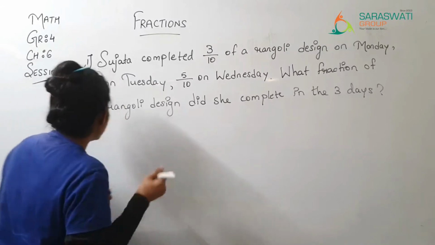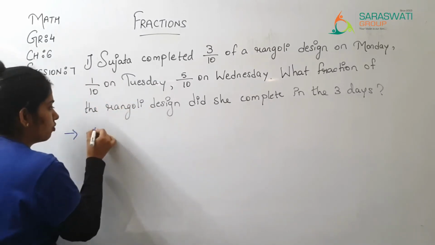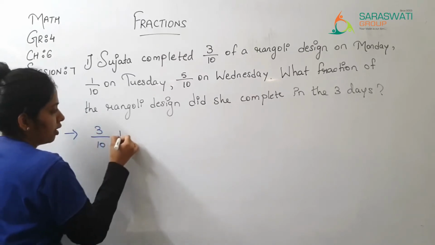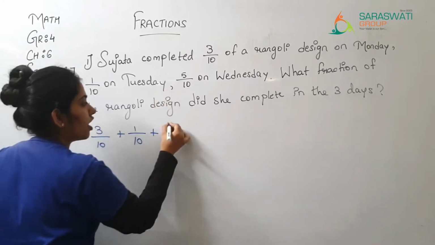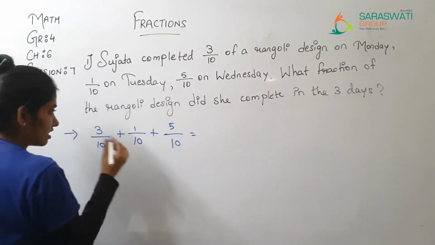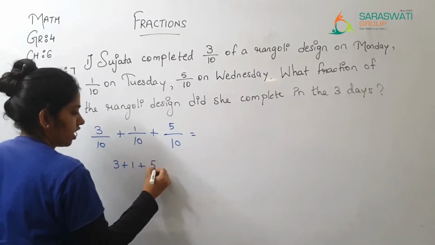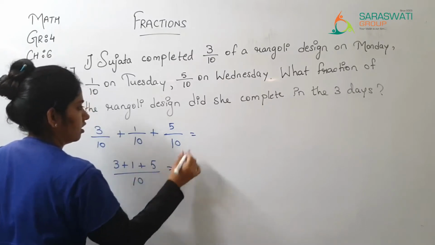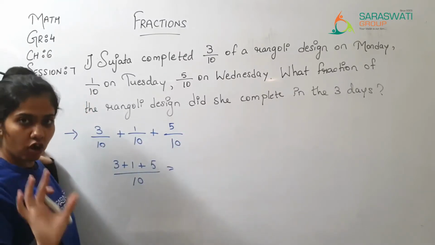So to find out that we need to add, right? So 3/10 plus 1/10 plus 5/10. So you can also write it in the second step like 3 plus 1 plus 5 over 10, the whole upon 10, because here the denominator is common.